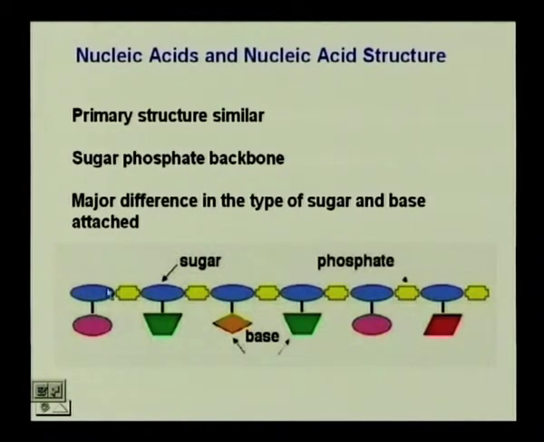The backbone is comprised of sugar and phosphate, and we have specific bases attached to the sugars. This sugar and phosphate backbone is different in DNA and RNA, the sugars being different and the type of base attached being different.